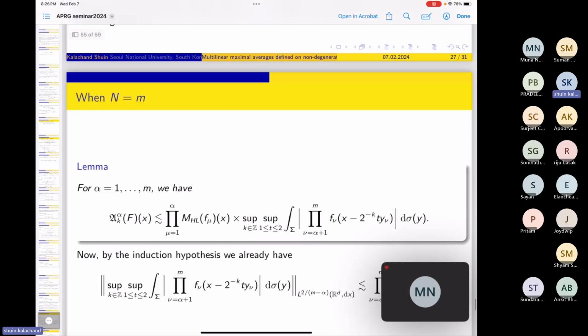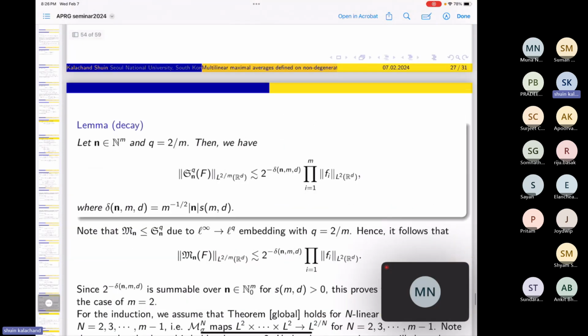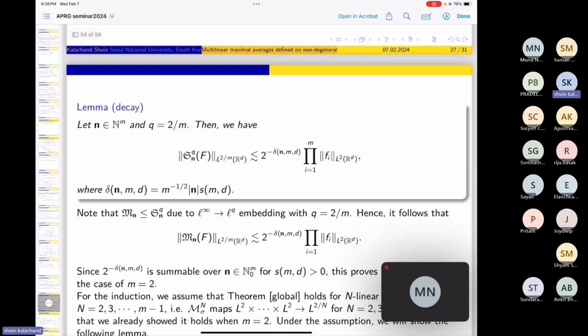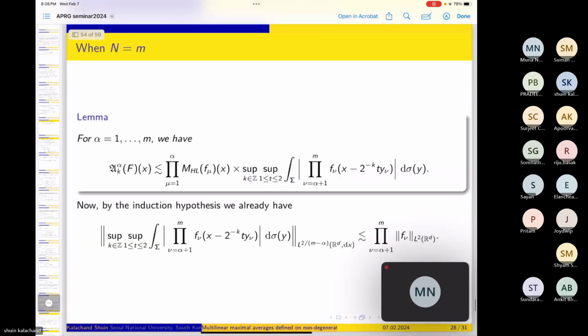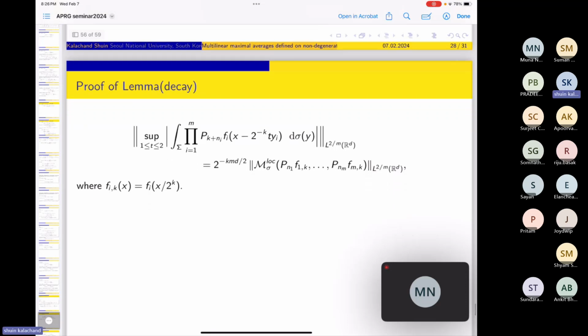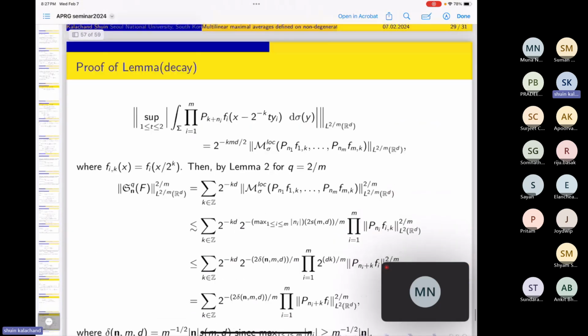Now what remains to prove is this lemma, which I call the decay lemma. In order to prove that, first we will apply a scaling argument. Using this scaling, the L2/m norm of this operator is nothing but 2 to the power minus k m d over 2 times the norm of M sigma.